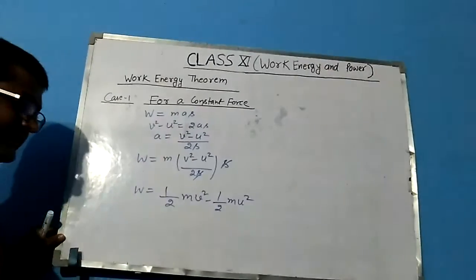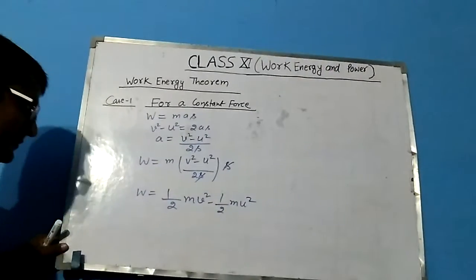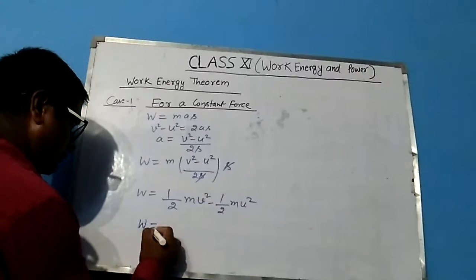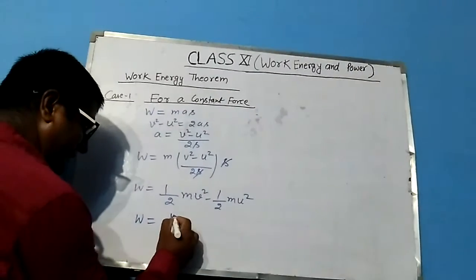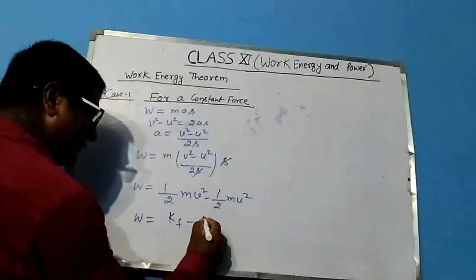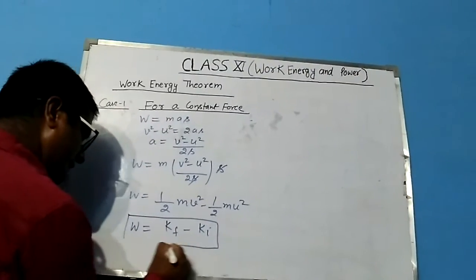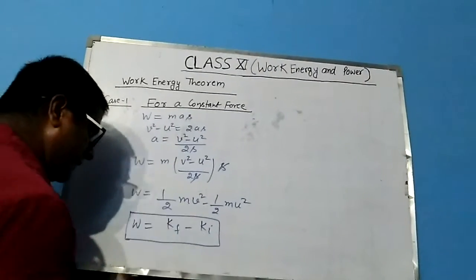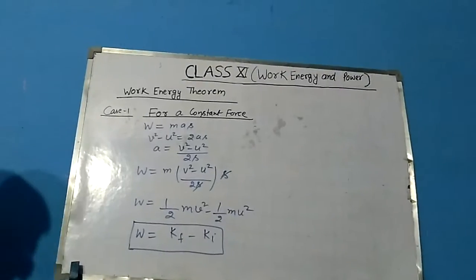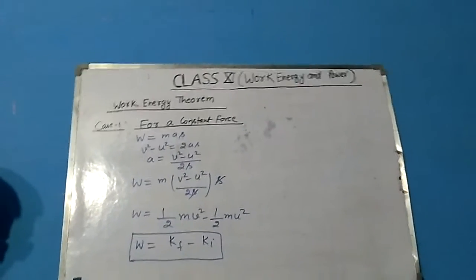This is final kinetic energy and this is initial kinetic energy. So work done equal to final kinetic energy minus initial kinetic energy.